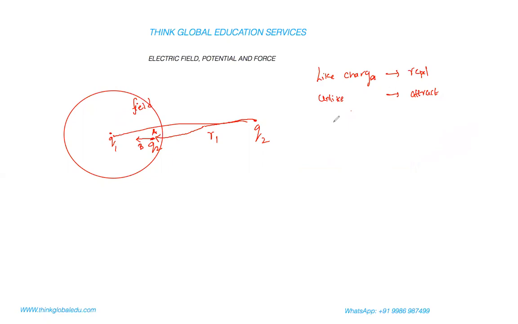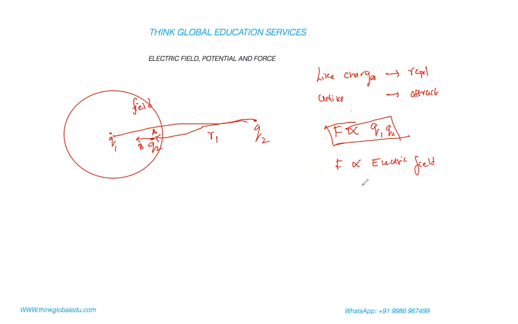The force felt by the charge Q2 is proportional to the two charges, Q1 and Q2. That is one aspect of understanding the force. Another aspect is that the force must be proportional to E, the electric field.